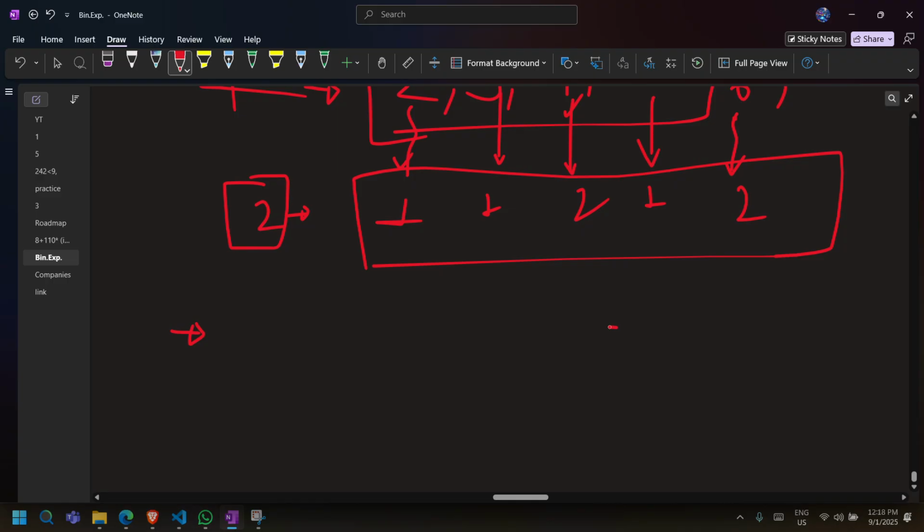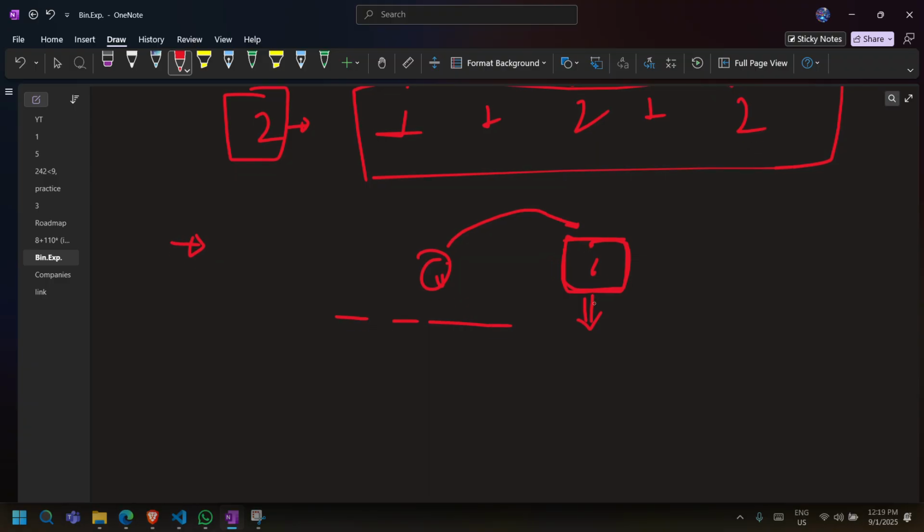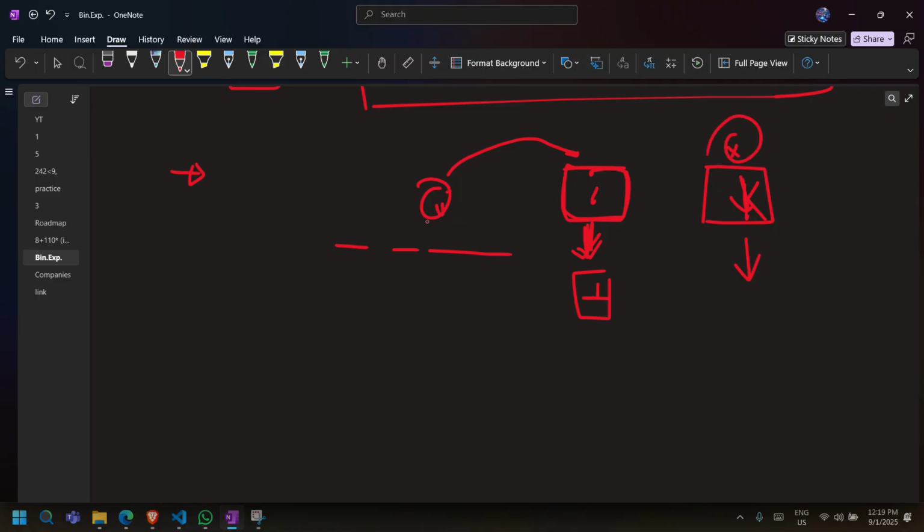So what you can observe is, let's suppose you are looking at a number i. First of all, if i is a prime number, then there is no j which is a prime divisor of i. So you can safely mark it with one. And let's suppose you are looking at a number j or k whose prime divisor is not prime, then in that case you can't use that color.